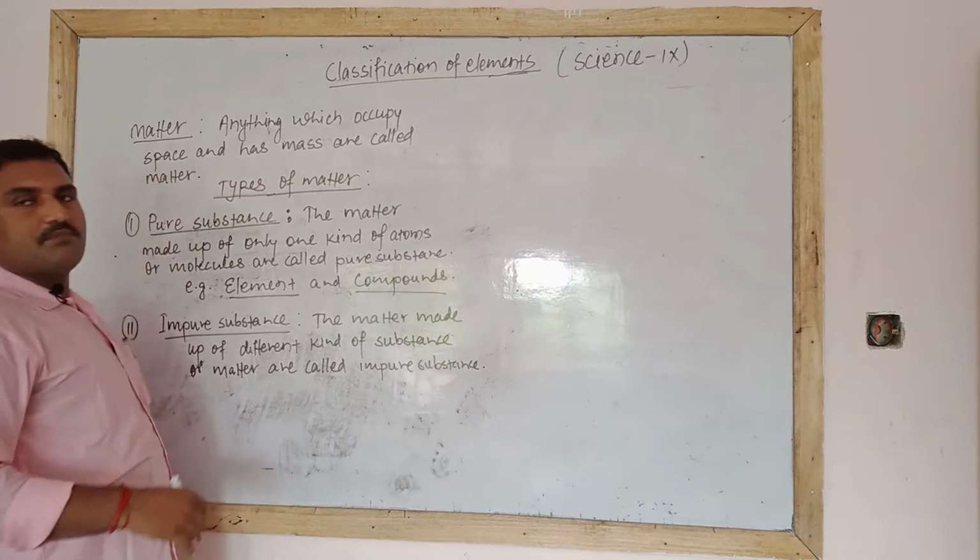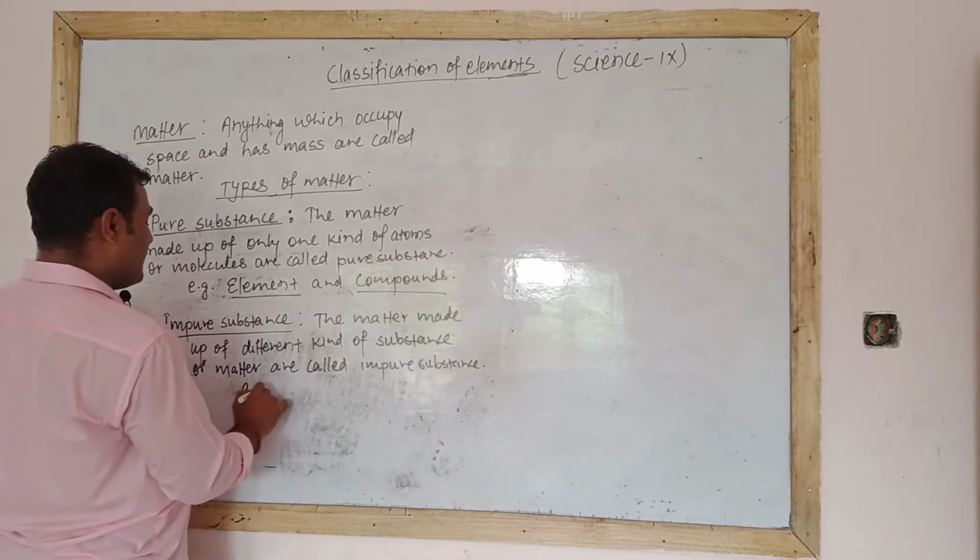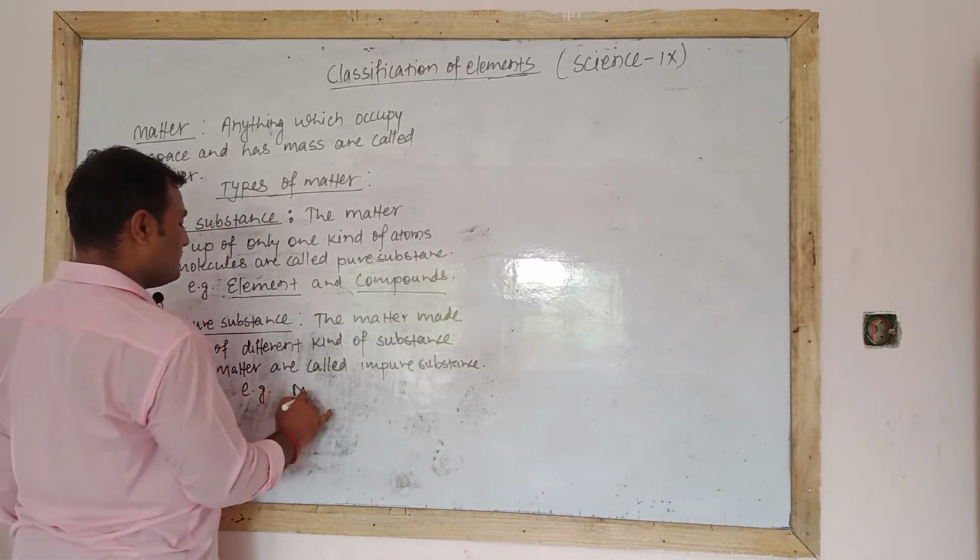Impure substance is made up of various kinds, and therefore its example is mixture.